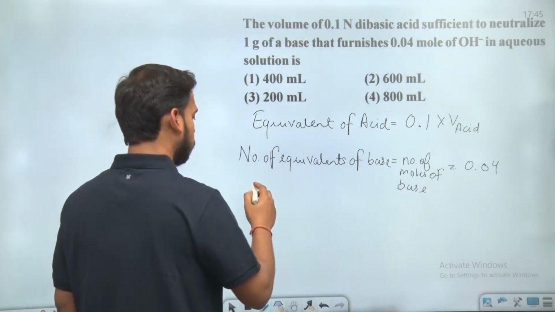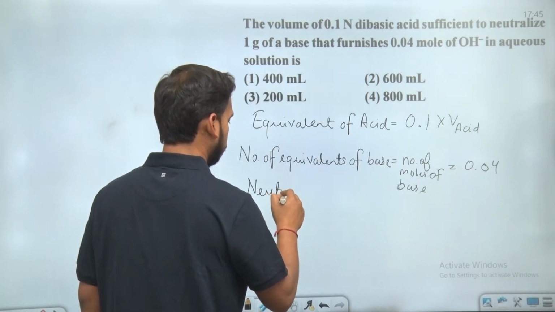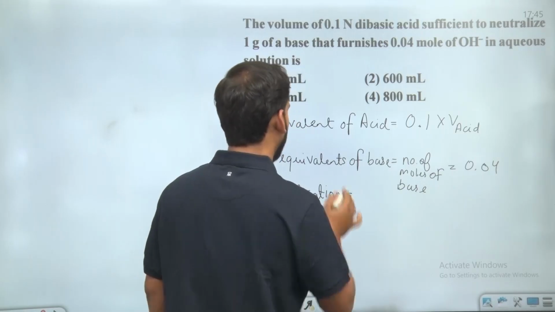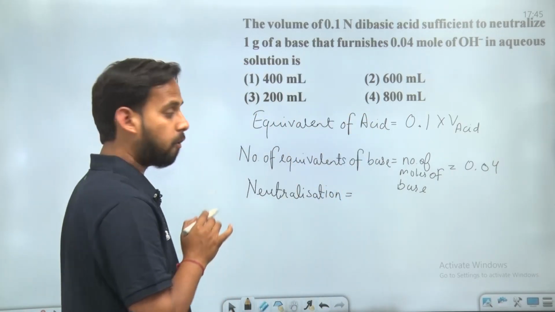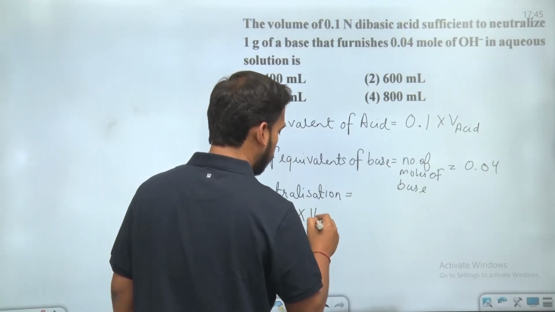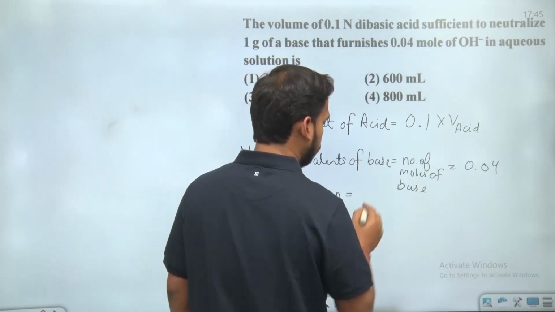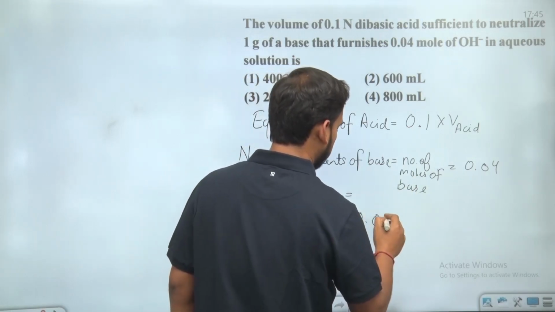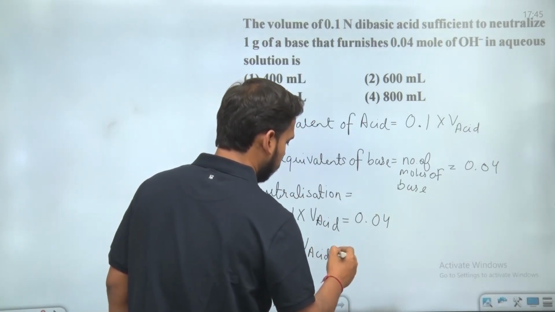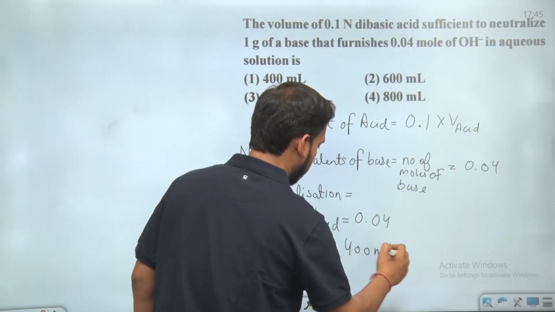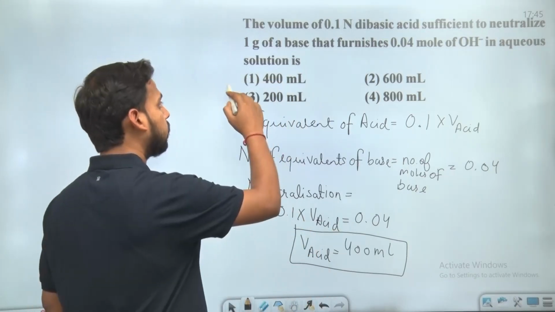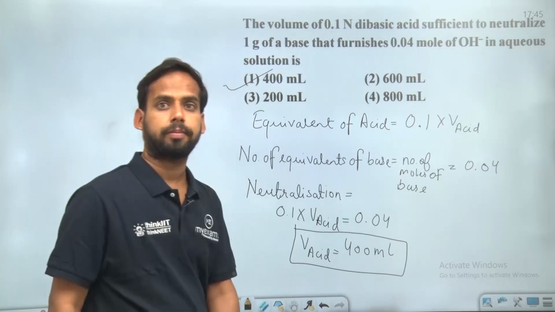For neutralization, the number of equivalents of acid equals the number of equivalents of base. So 0.1 into volume of acid equals 0.04, and the volume of acid is calculated as 400 ml. So our correct option is option 1, that is 400 ml.